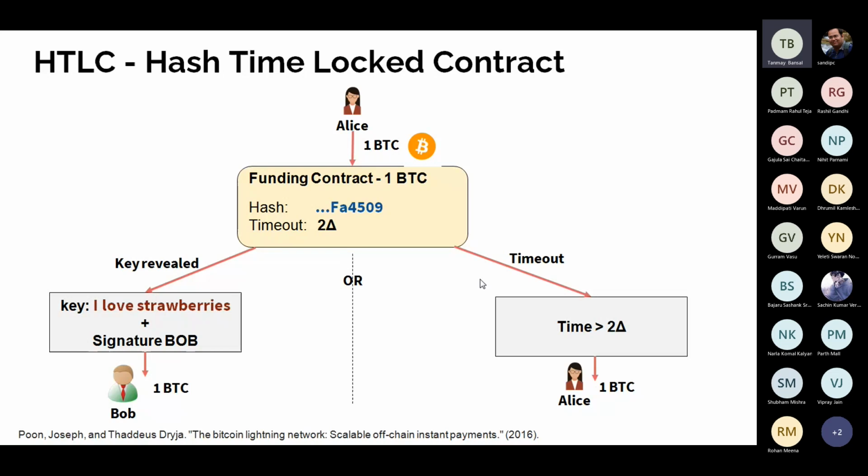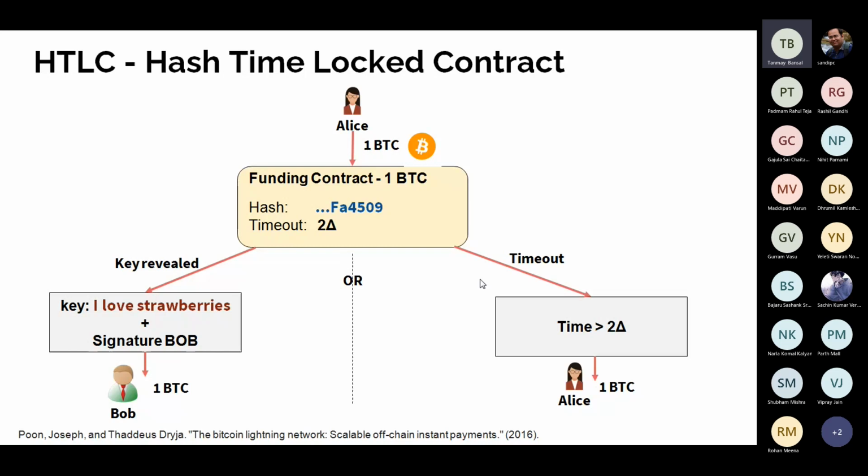Bob said, you pay me 1 Bitcoin, I'll give you the laptop. So Alice creates a contract of 1 Bitcoin, and there is this hash, etc., that are used, and then Bob can verify the transaction and knows that indeed Alice has created a contract with 1 Bitcoin payment to him, but it will need this particular key to be revealed.